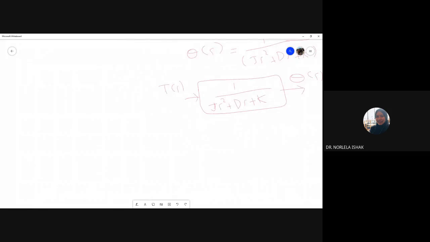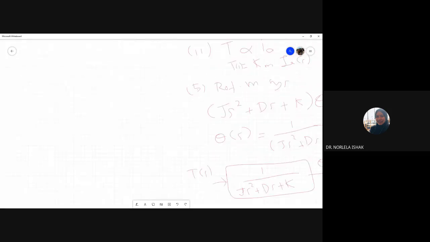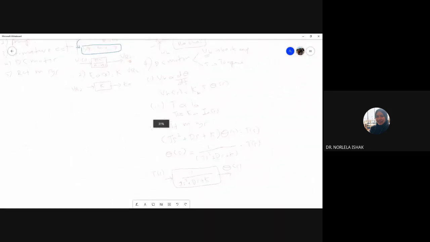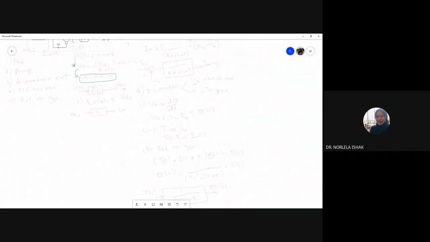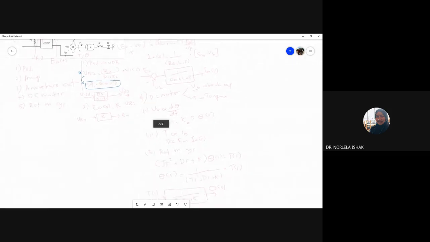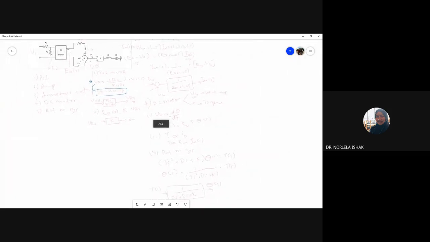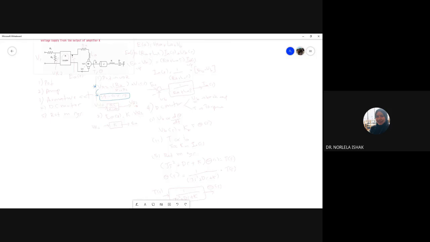From there we combine all of these systems, and you have to get the complete, overall block diagram belonging to this system.